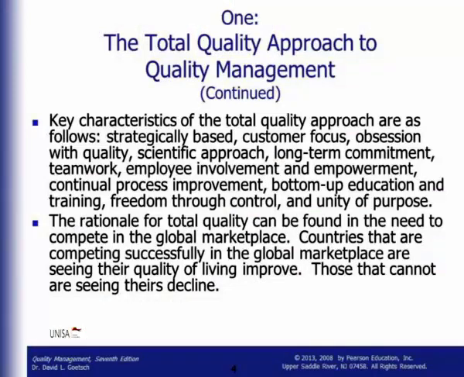Countries that are competing successfully in the global marketplace are seeing that quality of living improve in the countries that they are from. Those that cannot are seeing their decline. And a lot of countries are experiencing poor quality products. It's all through the culture of quality. If we have a good culture of quality, everything within the organization improves.